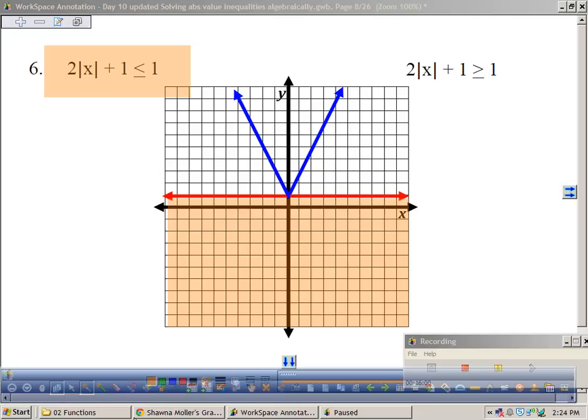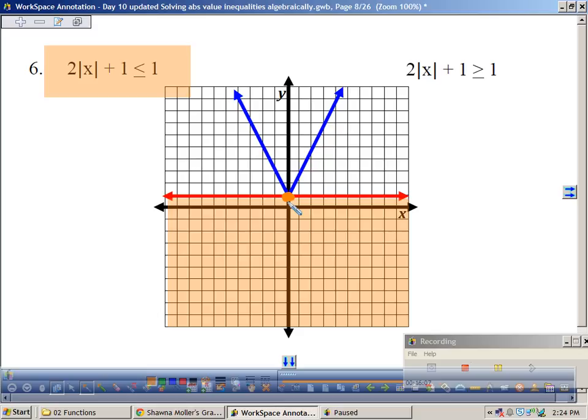It is. It's interacting at one point, right there at the vertex. The graph is not less than 1 at any point except for right there at the vertex. That's the only place that is seen interacting with the graph.